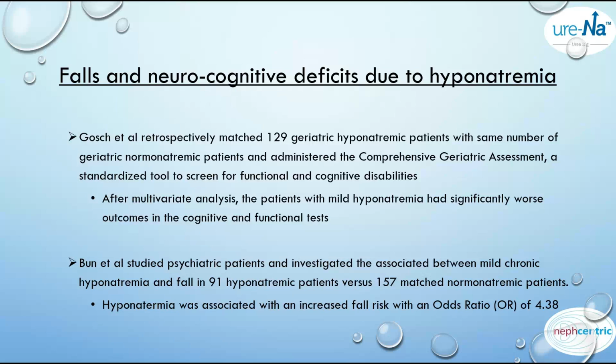They administered the comprehensive geriatric assessment tool, and they found in multivariate analysis that the patients with mild hyponatremia had significantly worse outcomes in cognitive and functional testing. In another study where psychiatric patients were investigated, hyponatremia was associated with an increased fall risk with an odds ratio of 4.38. That means a more than 4-fold increase in risk of falls due to hyponatremia.